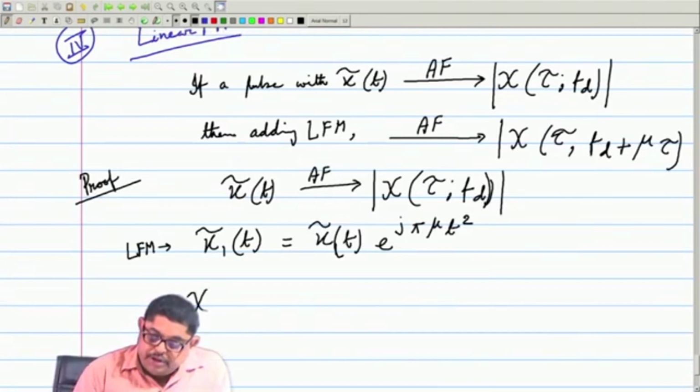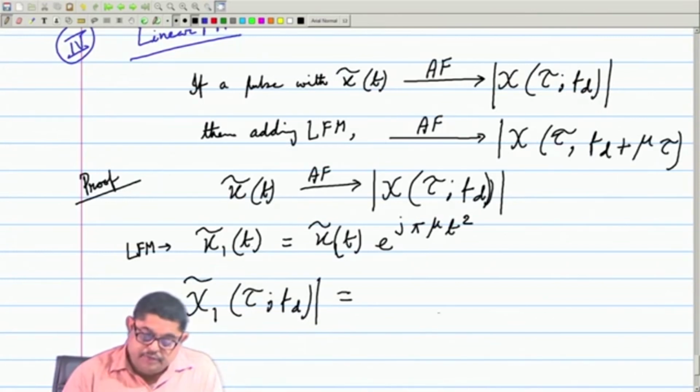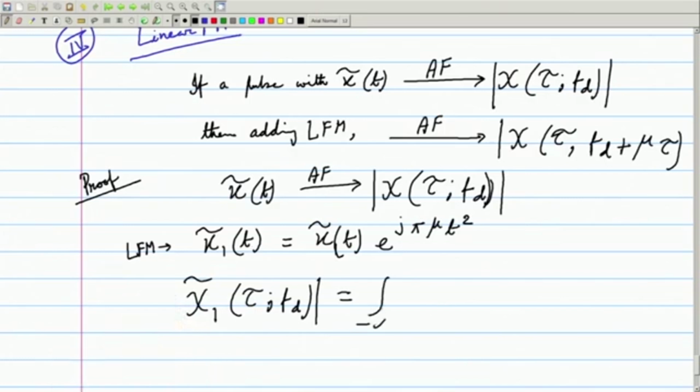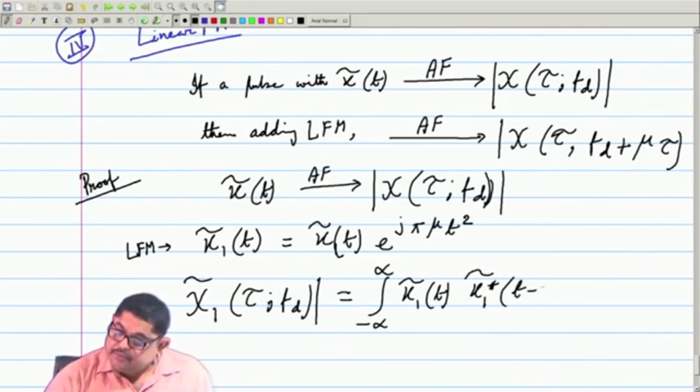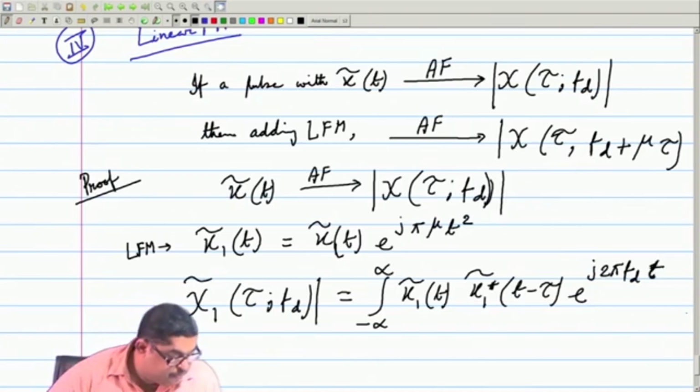So, what will be chi_1(tau, f_d), the ambiguity function for the LFM signal? That will be the integral from minus infinity to infinity of x_1(t) x_1(t minus tau) e to the power j 2 pi f_d t dt.